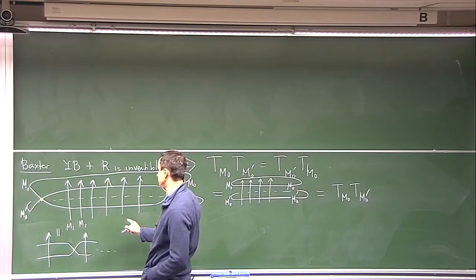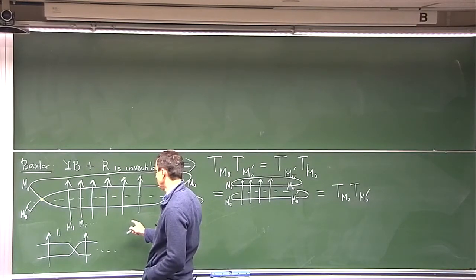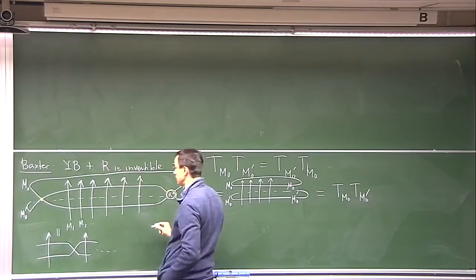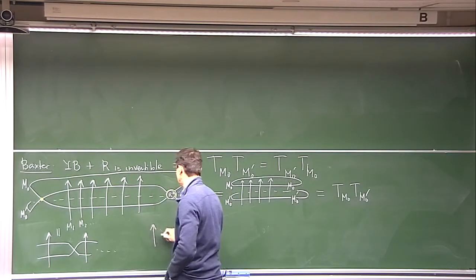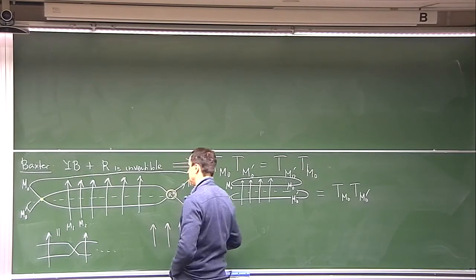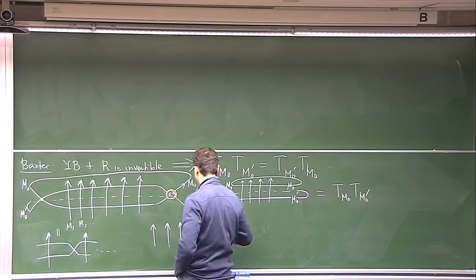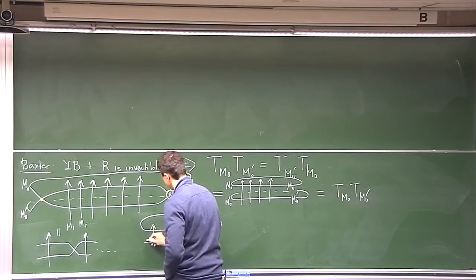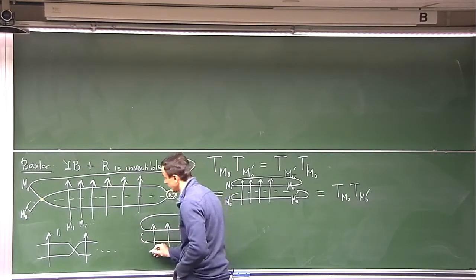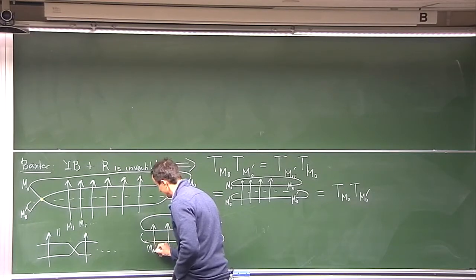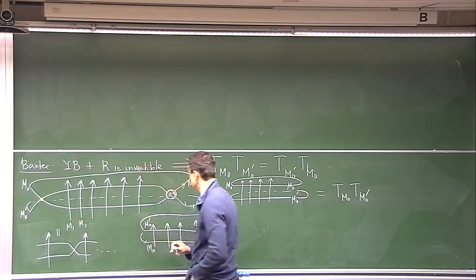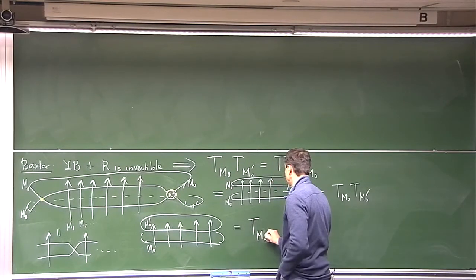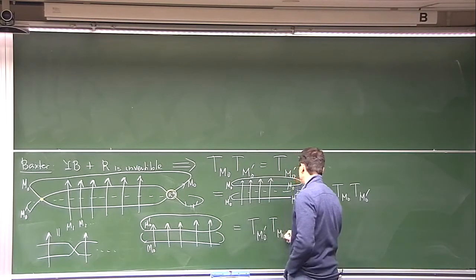On the other hand, if I just cancel it through the infinity, then M0 sits here and M0 prime sits there. So I'm going to get T M0 prime, T M0.